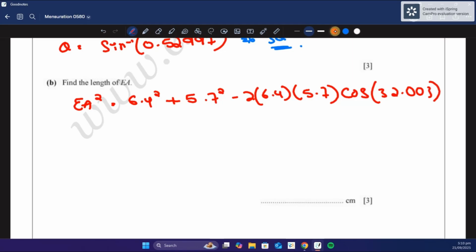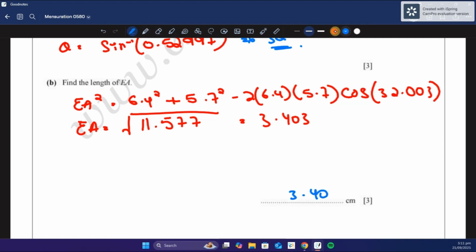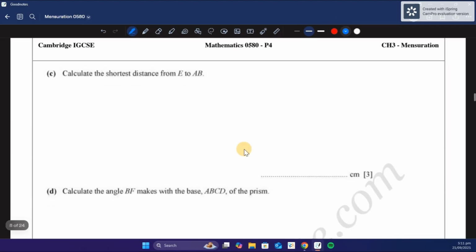That should give us EA is equal to root of 11.577. That should equal 3.403, and that gives us a final answer of 3.40. Perfect. Part C. Calculate the shortest distance from E to AB.